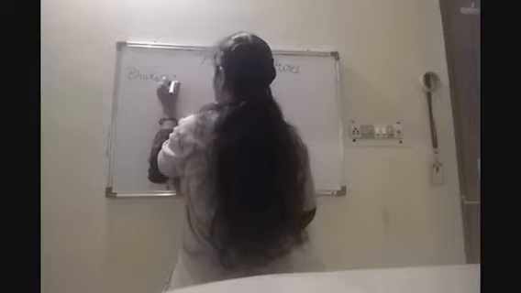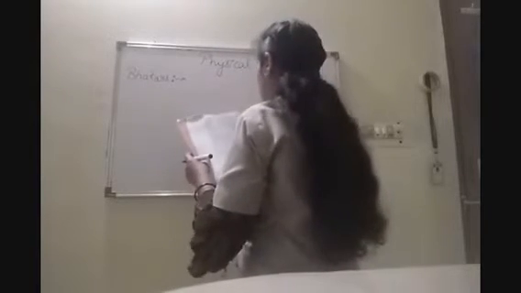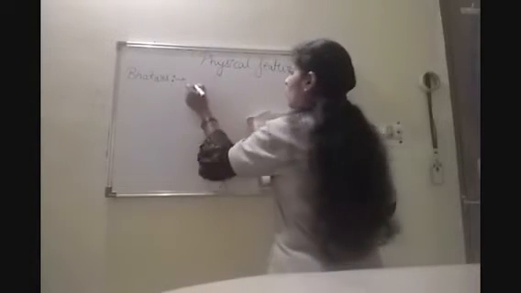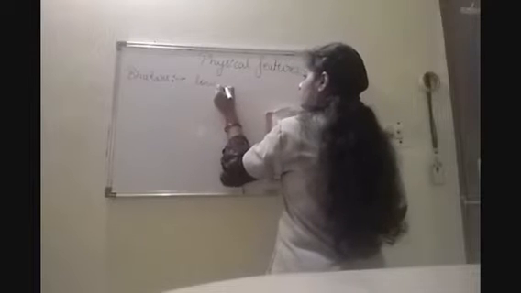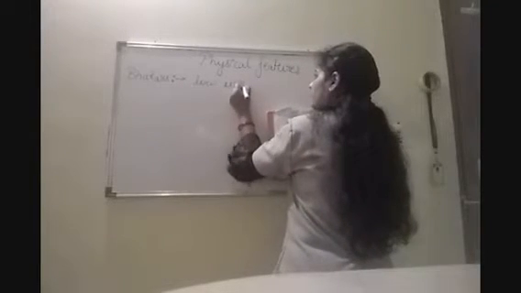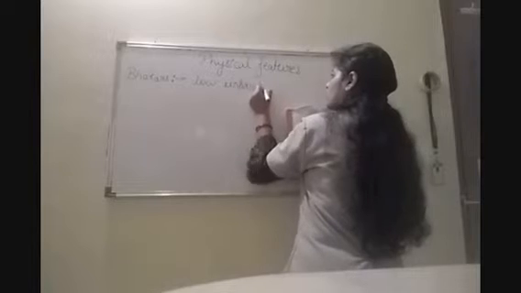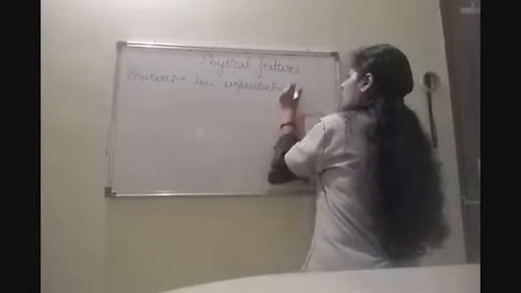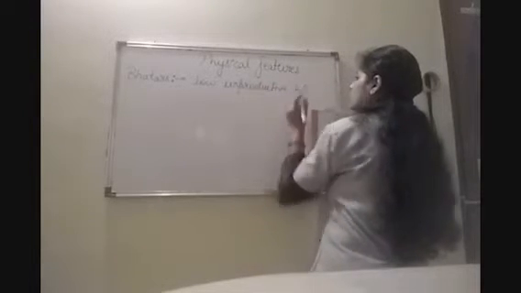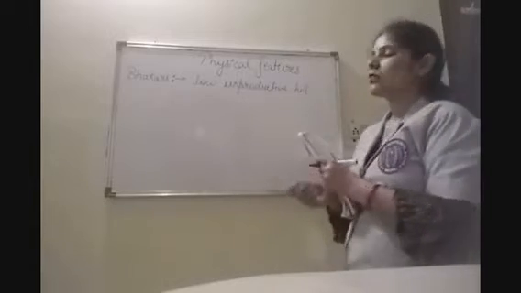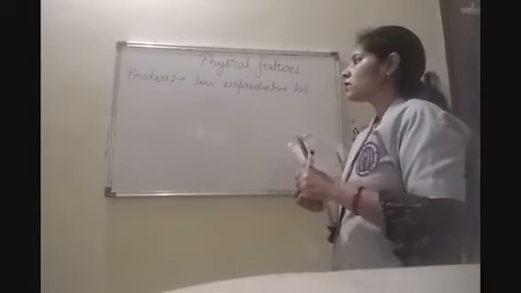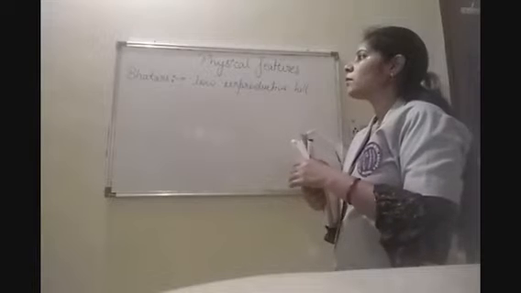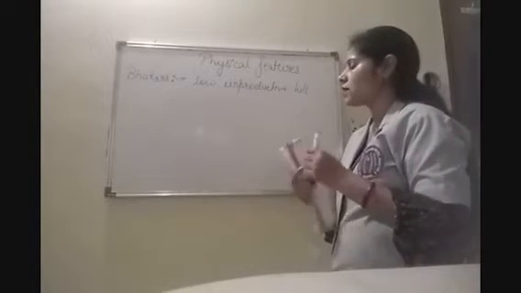And what are these? These are the low unproductive hills. Unproductive hills mean nothing can be produced from this type of region. So these were the bhakars, which was the first physical feature.